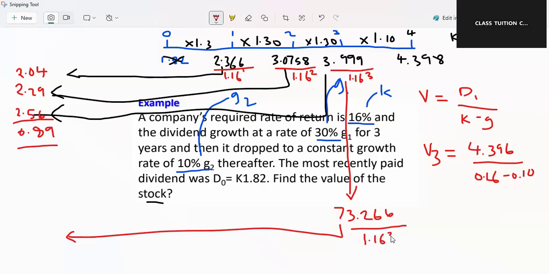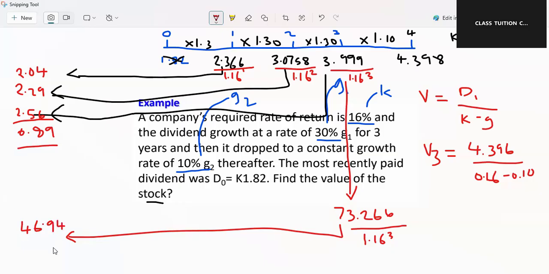So here, we are going to divide this answer by 1.16 to the power 3. So here, this value for phase 2 will be 46.93 or 94.